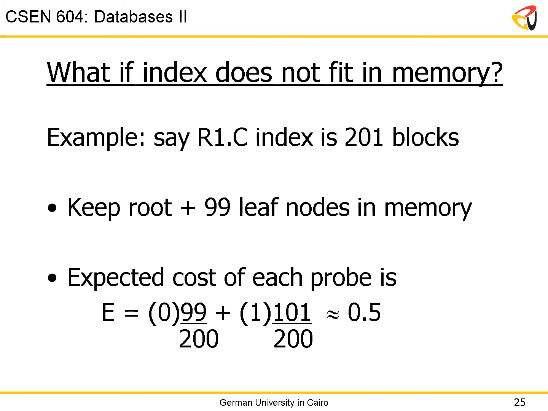So let's actually work an example to see the effect of this on the IO computations. Now I will assume here that the index is 201 blocks or pages or nodes, where I'm storing every node in a page. I will always keep the root plus 99 leaf nodes in memory, and the rest is on disk. It's just a setup for you to get a sense of the cost involved here.